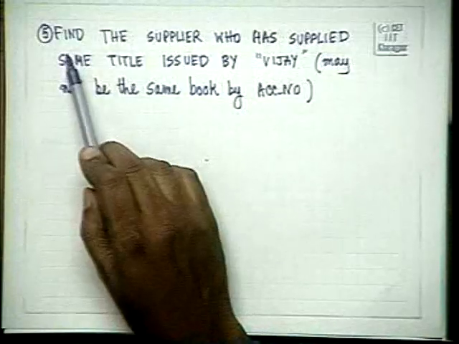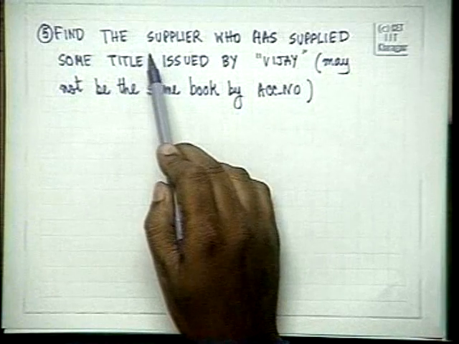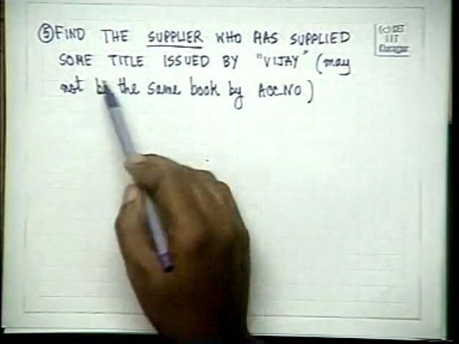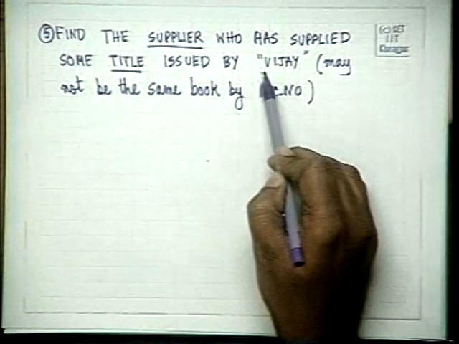Now we come to two slightly more complex relations where we will use the concept of titles. Find the supplier, that is again supplier name, who has supplied some title issued by Vijay.